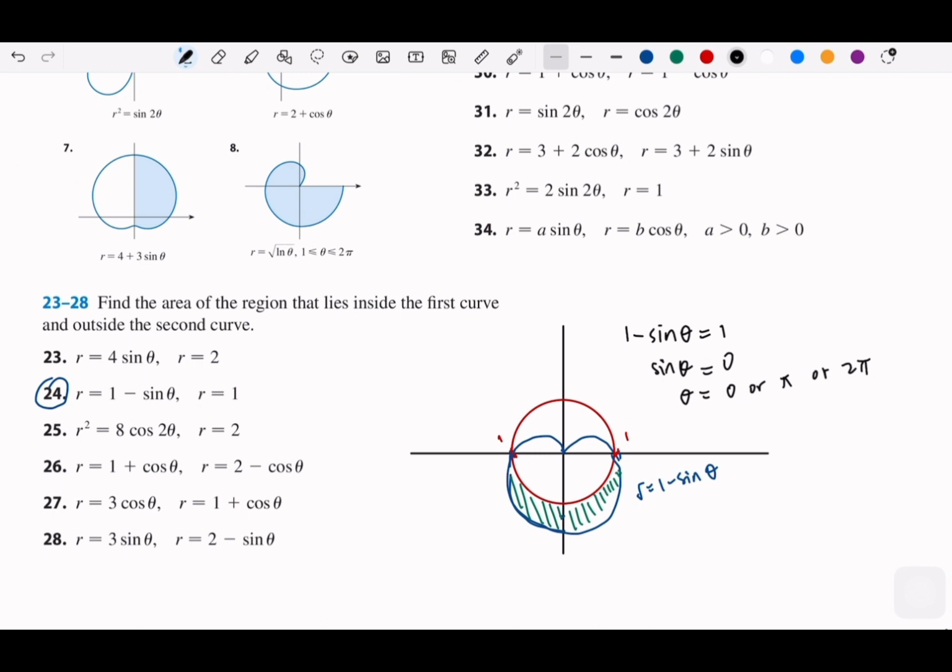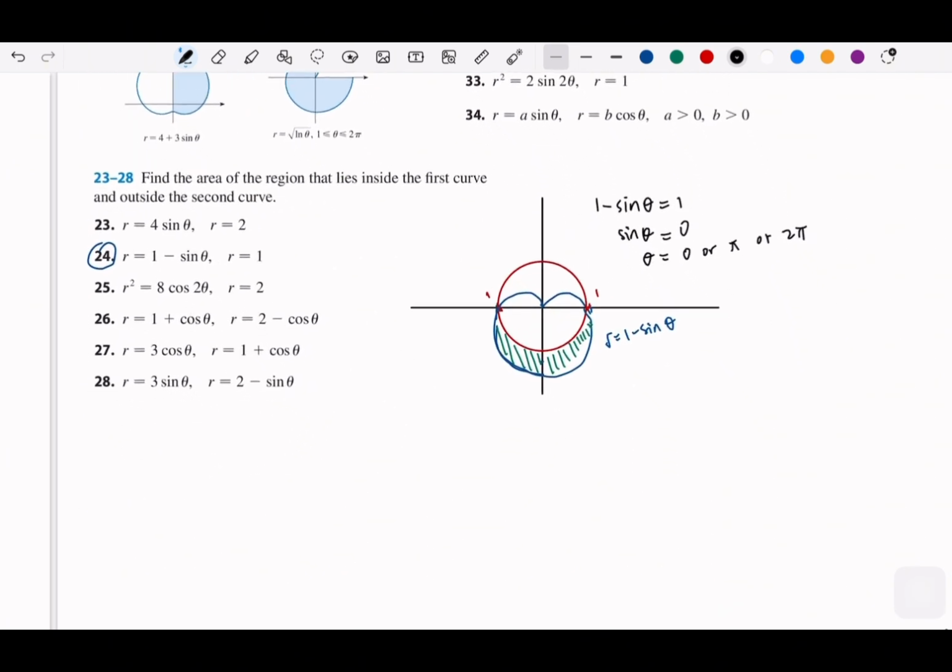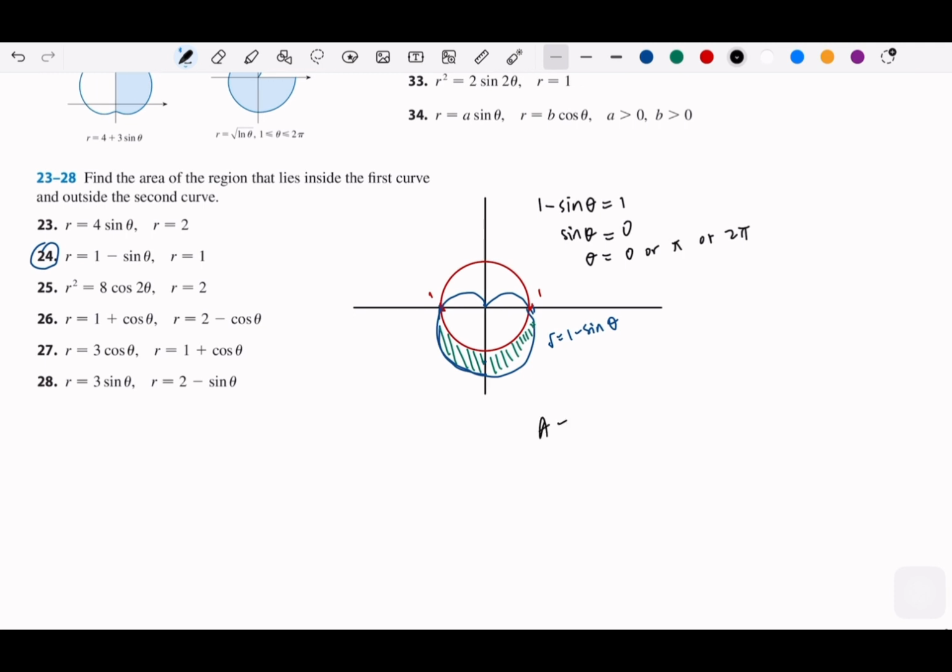How much time is left? I will just write the area, not the full calculation. It is supposed to be this: half times 1 minus sine theta squared, and since both are from pi to 2 pi, this will be that, d theta. You could try to finish off the calculations.